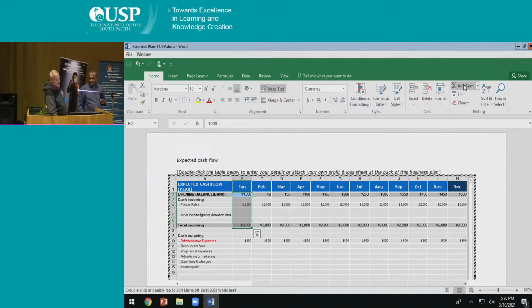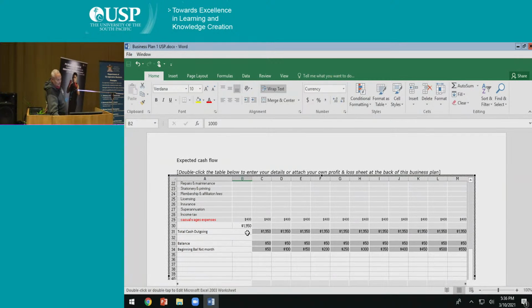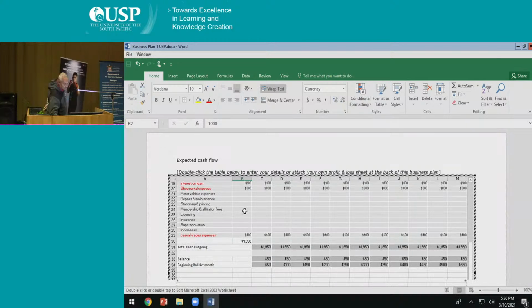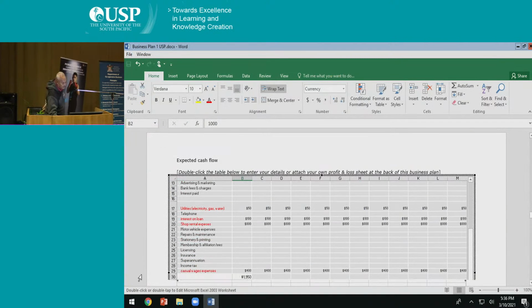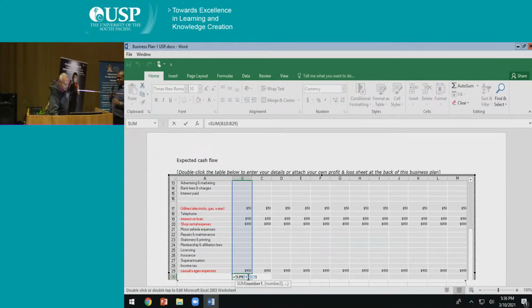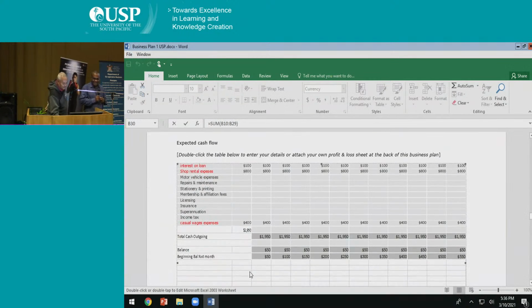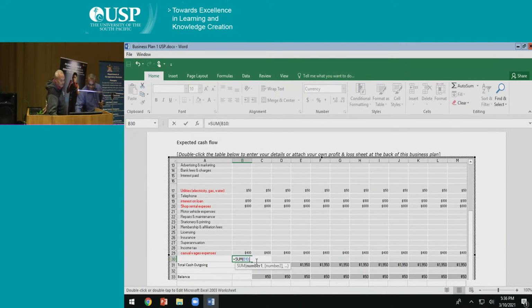Add those, you'll have 3,000. 3,000 minus 1,950? 1,050 here. 2,000 minus 1,950? 1,050.